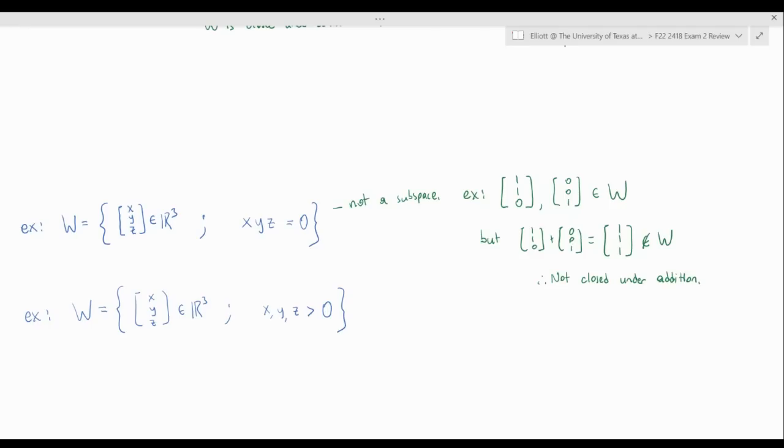And then I guess the condition that you see doesn't have to necessarily be in the form of an equation. So here I gave an example where the condition is actually defined in terms of inequalities rather than an equation. If you see something like this, it's also not going to be a subspace, okay?